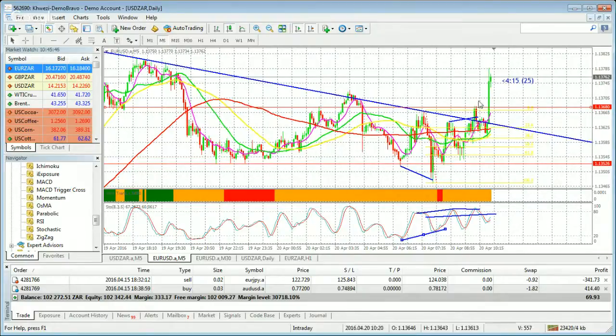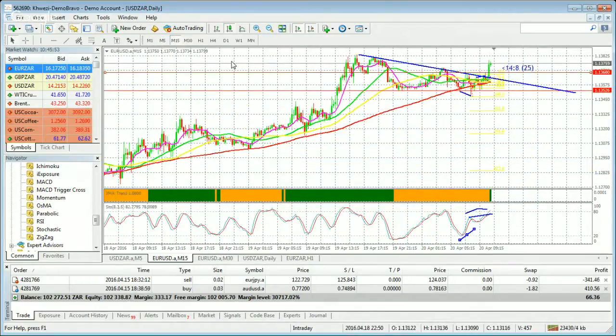Let's see here. It's gone up, it's past that level. Let's see if we can see anything else on here. Nothing from that.